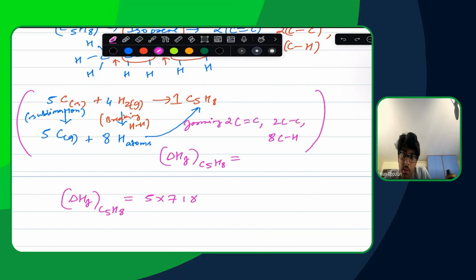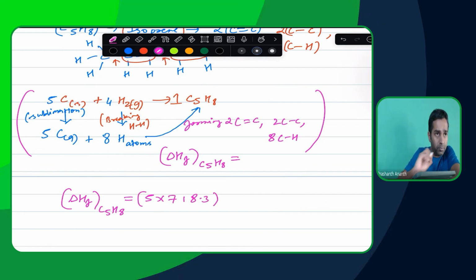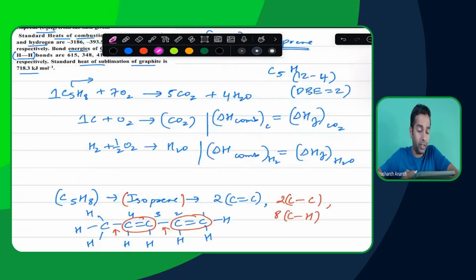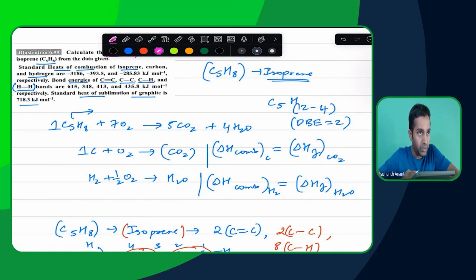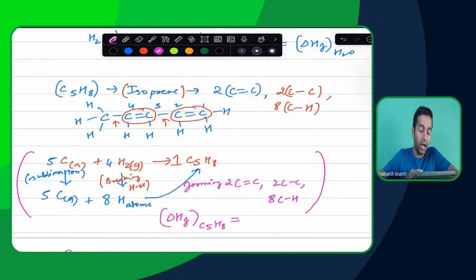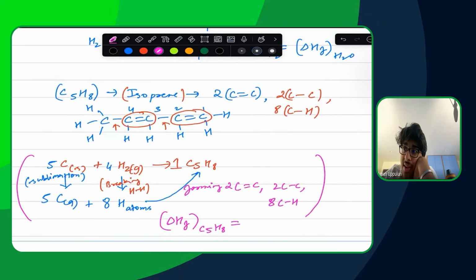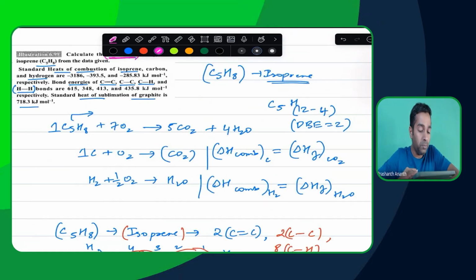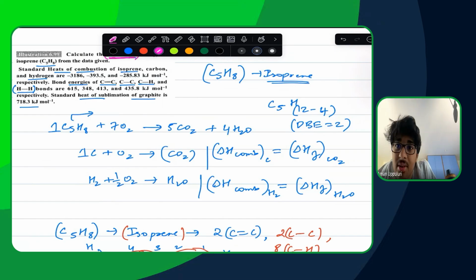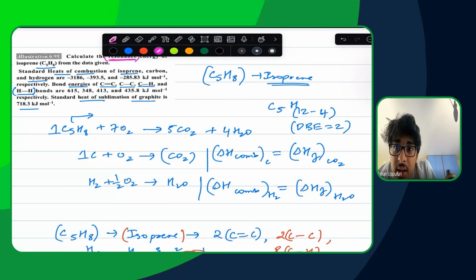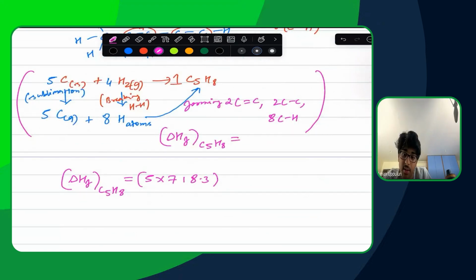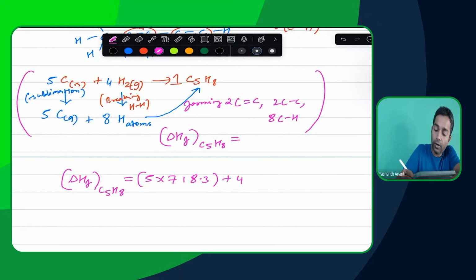That is for a calculator to be done later. Now next, 4 into H–H, 435.8. So it's going to be plus 4 into 435.8.